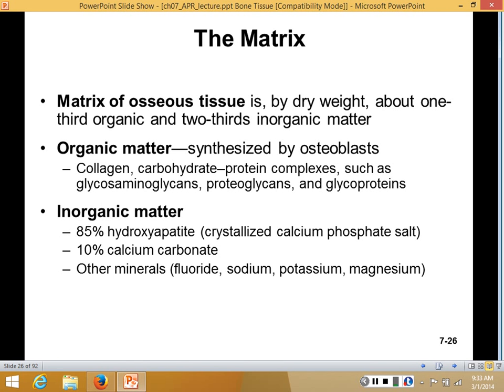10% of the inorganic matter is calcium carbonate. These other minerals are considered trace minerals, as I stated earlier. Sulfate, fluoride, sodium, potassium, magnesium, they're only needed in just a small amount or in a trace amount. Okay? That hydroxyapatite is really the inorganic matter that makes the bone really, really hard.